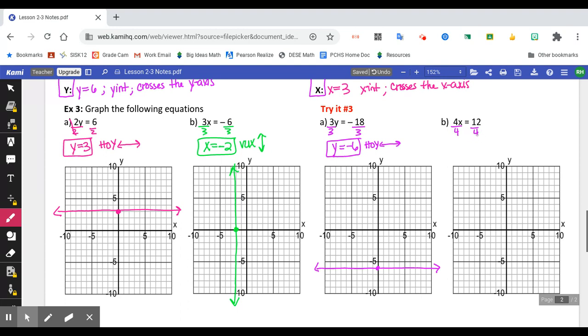Last one, divide by 4 on both sides, and x equals 3. X means vux, and vux is vertical. Okay, I'm going to go to x, put a point at 3, and my line crosses through that axis.